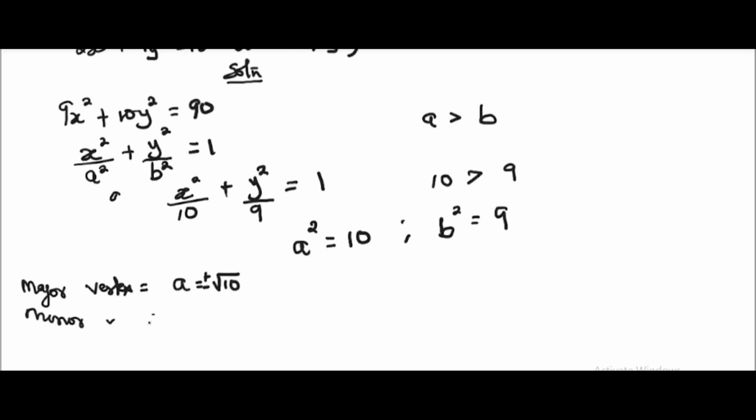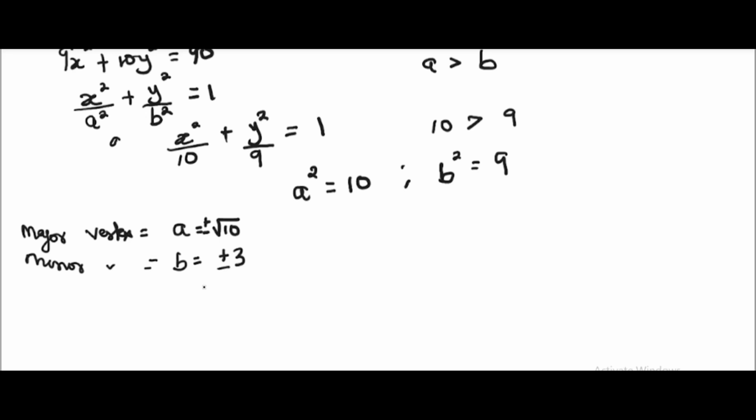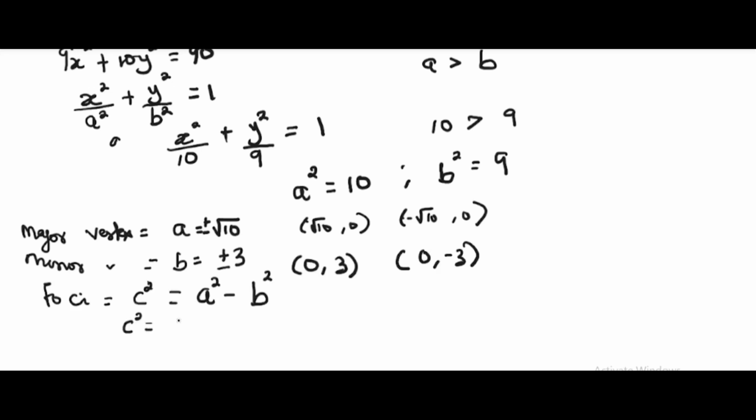If b squared is 9, that means b will be the root of 9, which is 3. So we have plus or minus 3. Okay, so that means for the major vertex, we have root 10 comma 0, and then minus root 10 comma 0. Then for the minor vertex, we'll have 0 comma 3 and 0 comma minus 3.